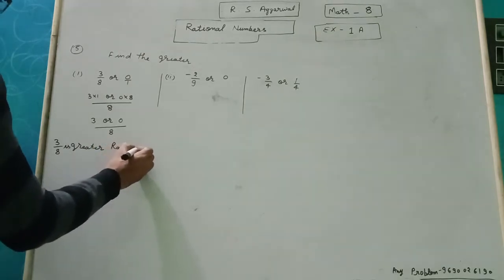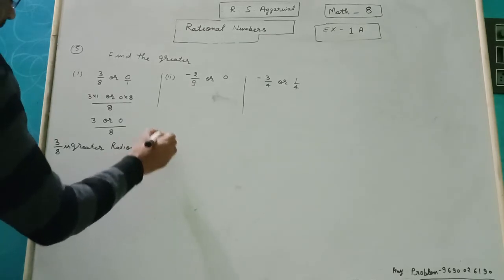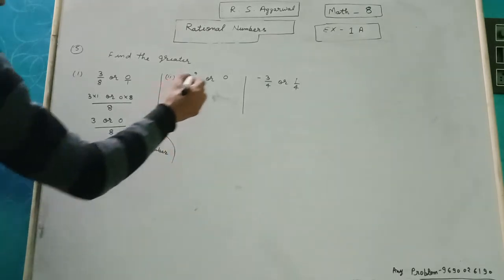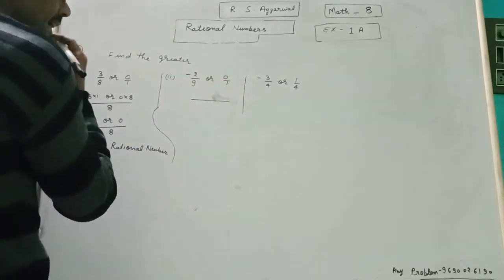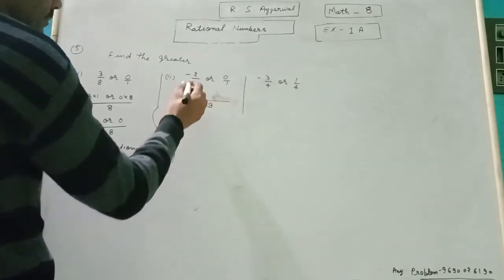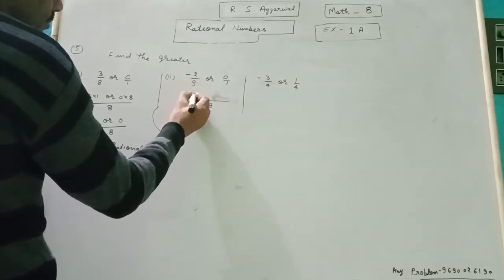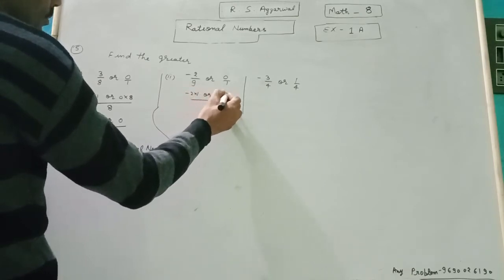Second part will be the same. Upon 1, take the LCM of 9 and 1. 9 will be LCM. Divide by minus 2 into 1 or 0 into 9.